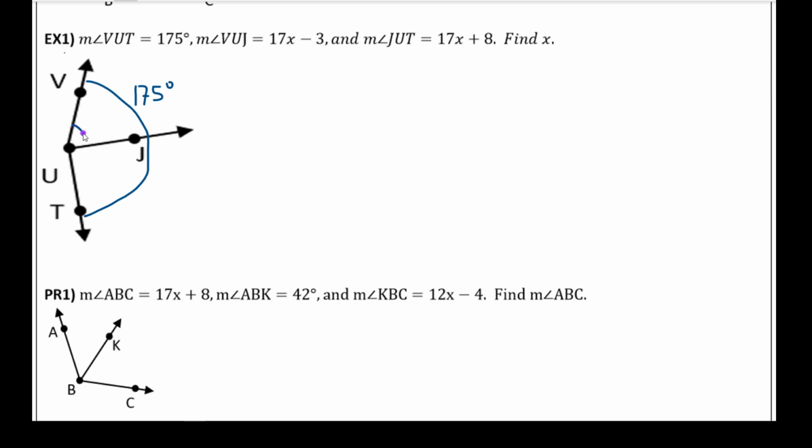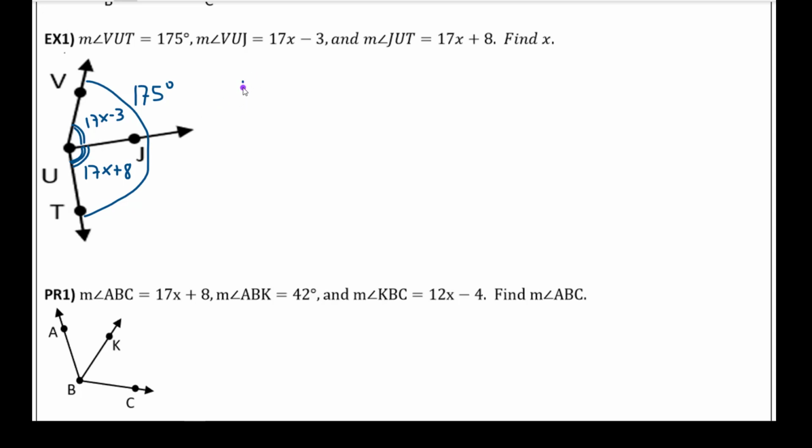So I'm going to draw right here 17x minus 3, VUJ. And the last one is JUT is 17x plus 8. So I'm going to do here, and I might do 3 little lines, so this would be 17x plus 8.